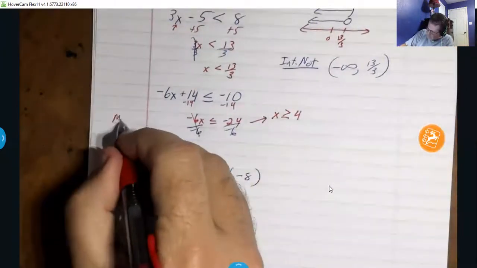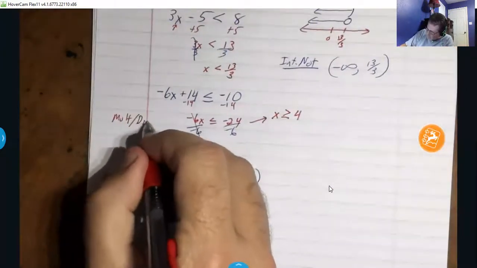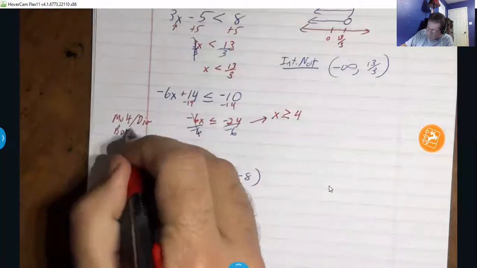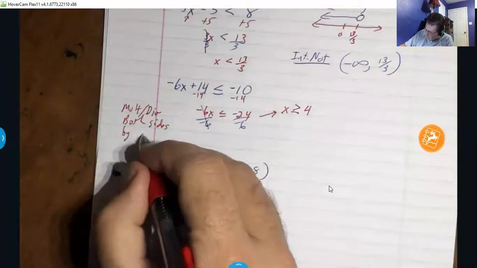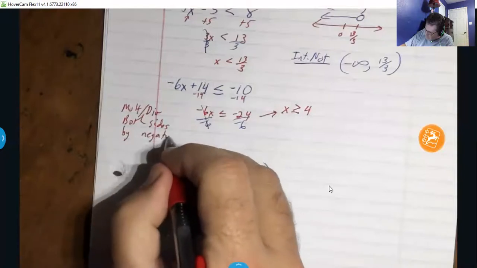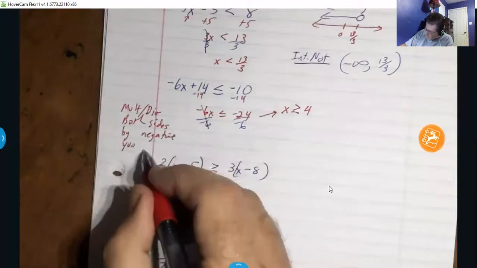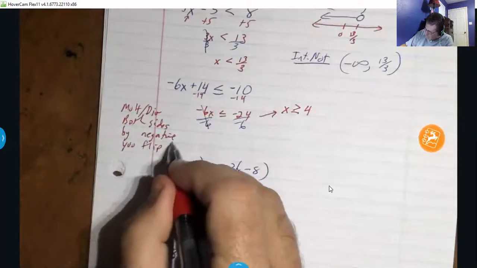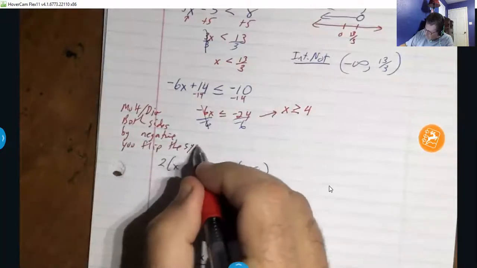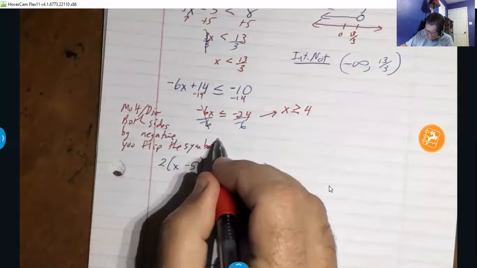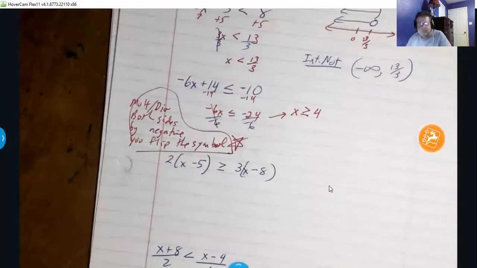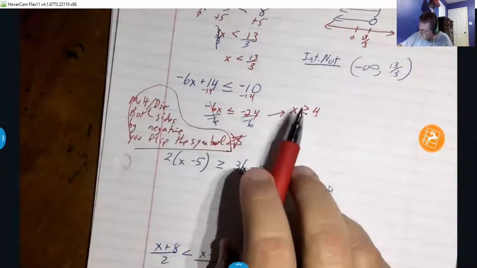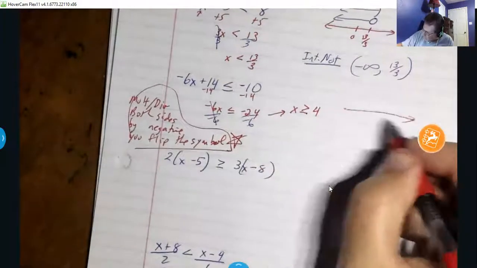And the rule is, multiply or divide both sides by a negative, you flip the symbol. So this gets flipped, so I get x is greater than or equal to 4.